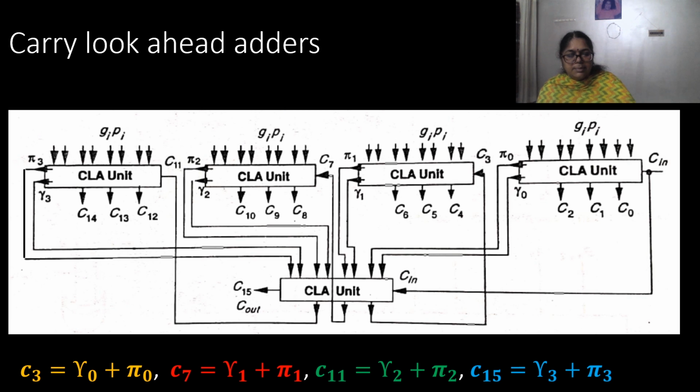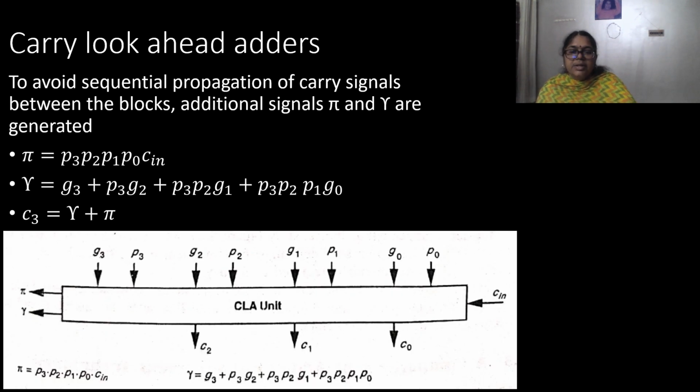We are giving P3, P2, P1, P0 and Cin. So that means a 5 input AND gate has to be used when a 4-bit carry look ahead adder is being used.